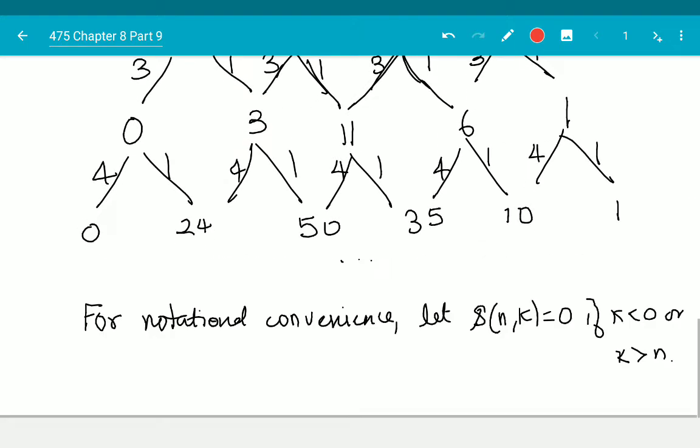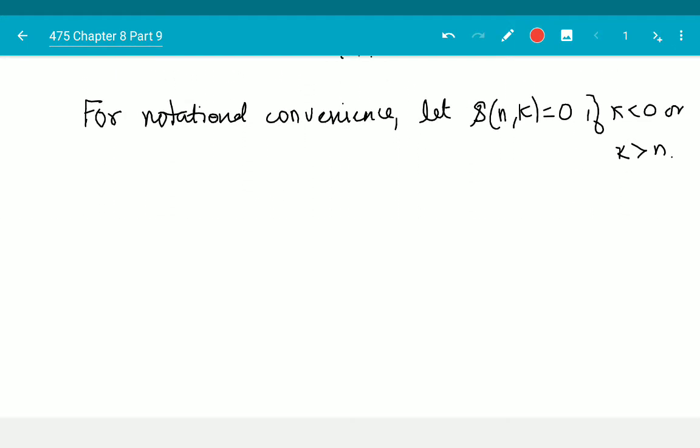Right? You have seen more or less the exact picture drawn the same way for Stirling numbers of the second kind.